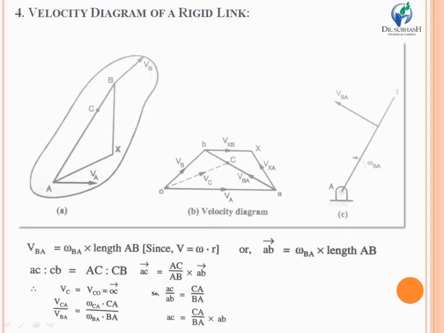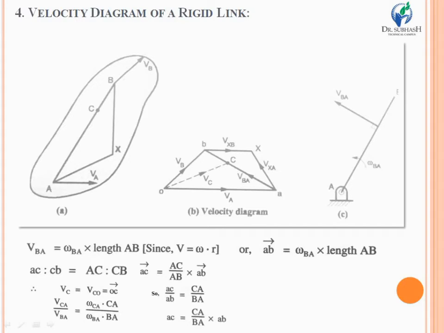Now it's time to determine the angular velocity of link AB, and for that we know that the velocity of B with respect to A is represented by vector AB in the direction perpendicular to link AB. So at point B, in a circular arc about point A, mark VBA like that. Once you get the magnitude of VBA, then from the formal relation of linear velocity with angular velocity, you can use VBA is equal to omega BA into length AB.